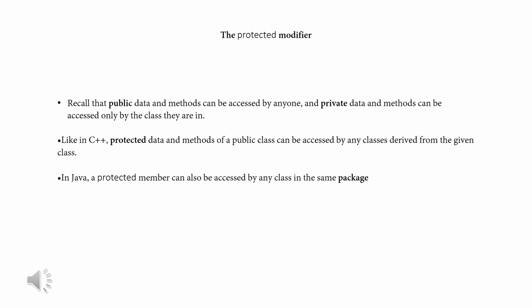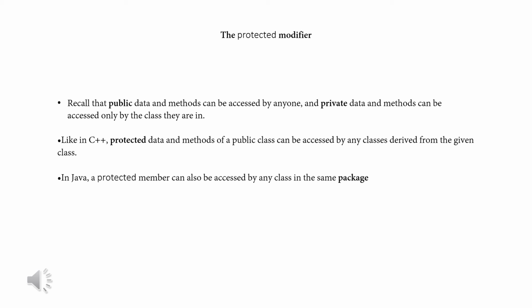So you remember about modifiers, right? We had public modifiers and private modifiers. When a method or a data was public, they actually could be accessed by any class, anyone. And when they were private, if we defined a data or a method to be private, then that data or that method could just be accessed by the class that they are in.